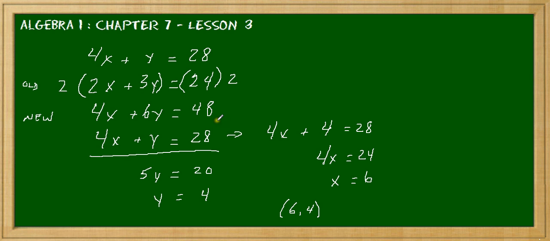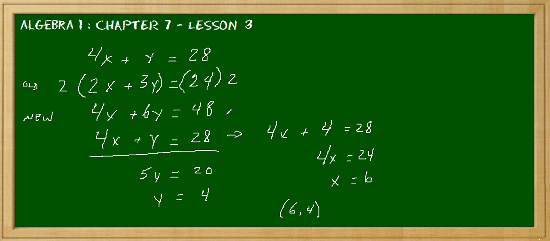Now, we have a few more examples here. We have 4x plus y is equal to 28, and 2x plus 3y is equal to 24. And you could see that they've solved this equation by first multiplying the top equation by 3, and then they were able to get two 3s, so to speak.